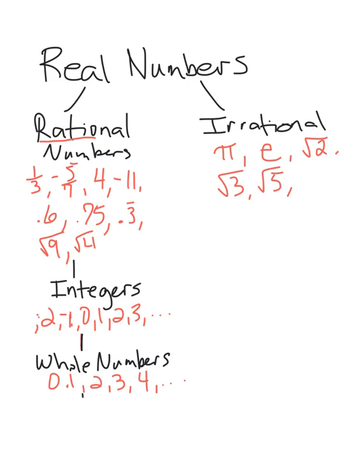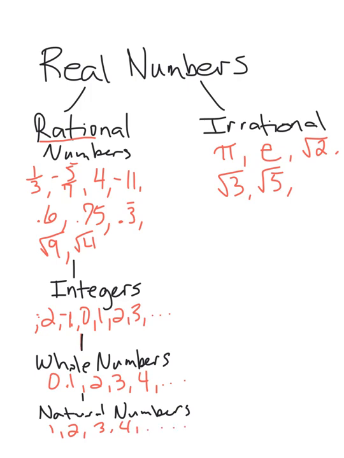There's one smaller category than that, and those are natural numbers. Natural numbers are also referred to as counting numbers. Think about where you start when you start counting. We start with 1. So the only difference between the whole numbers and the natural numbers is that the natural numbers do not include 0.